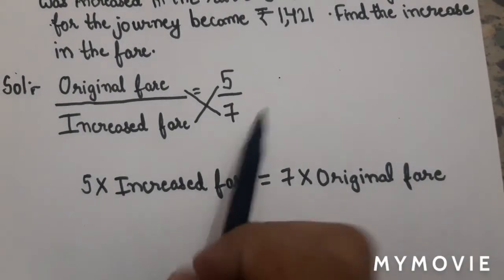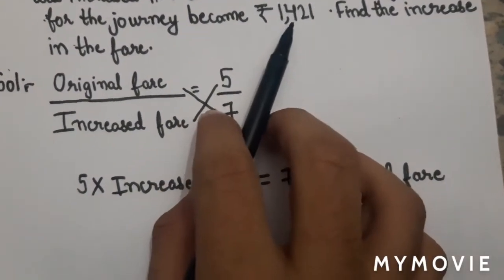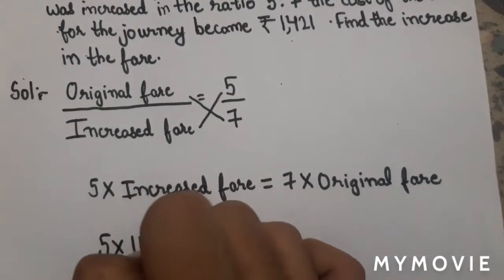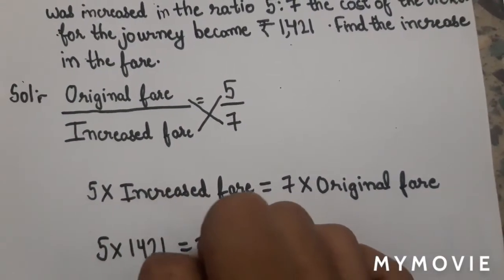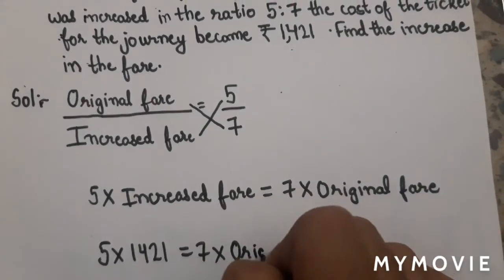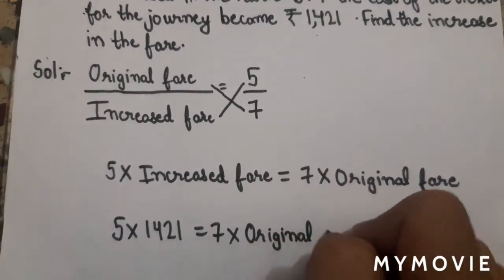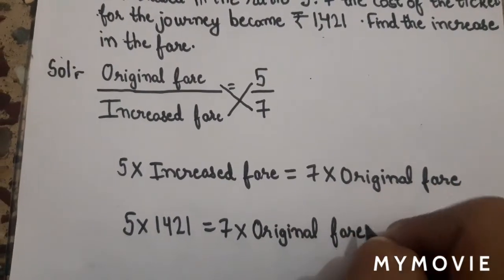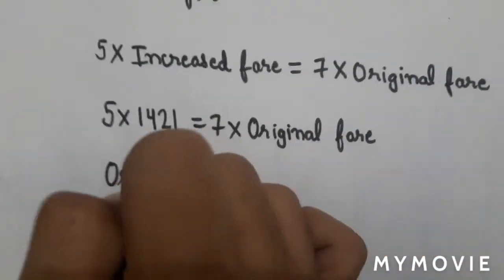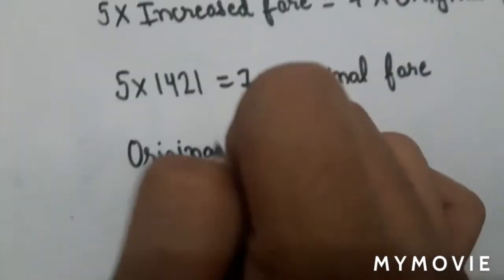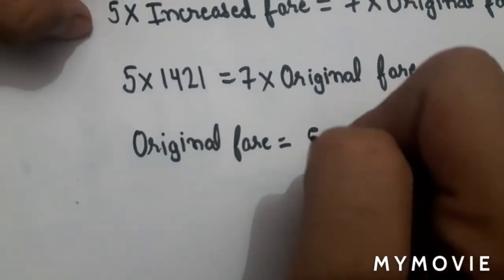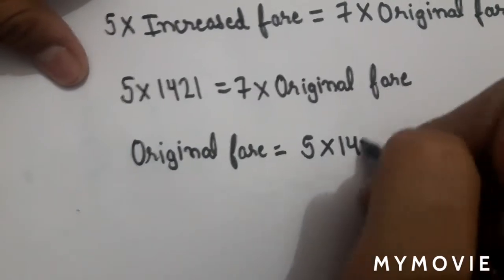So we are provided with increased fare as 1421. So 5 into 1421 is equals to 7 into original fare. So 7 goes this side. Original fare is equals to 5 into 1421 by 7.